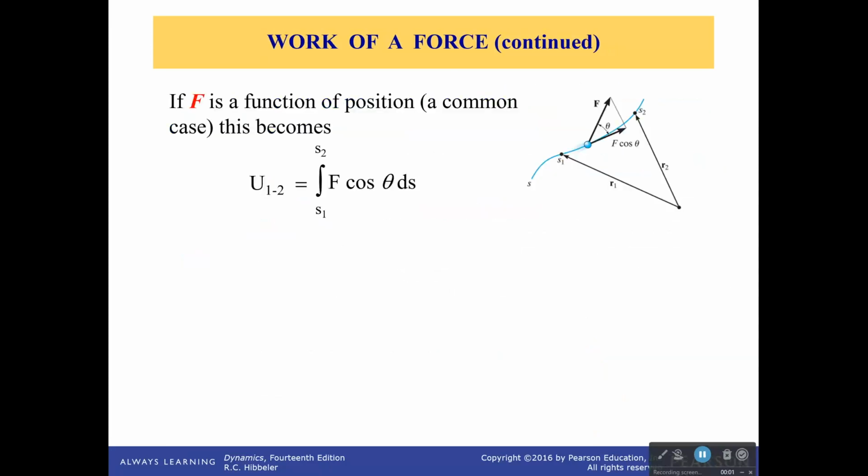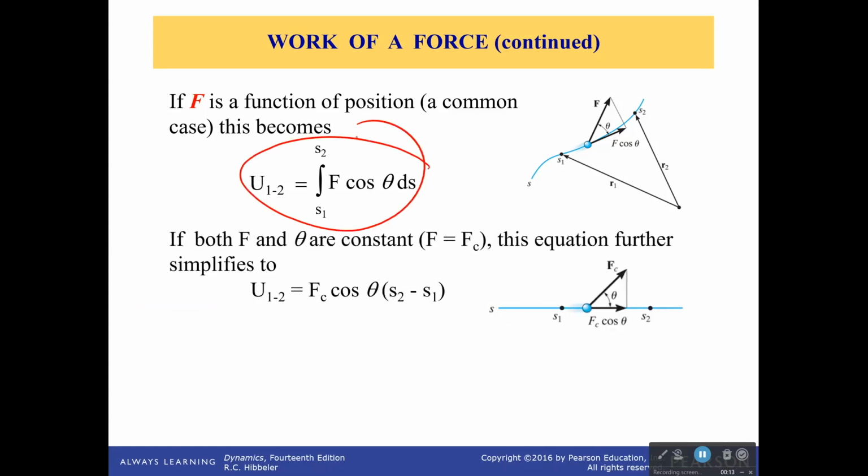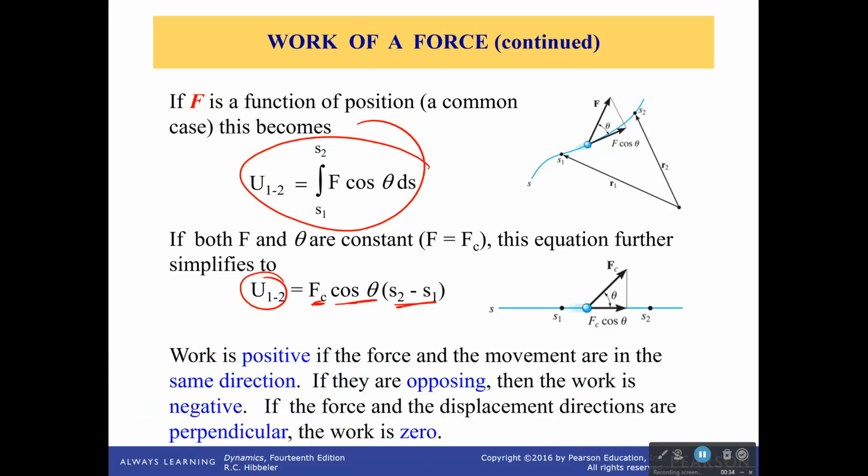Now, one common case we'll run into is that force will be a function of position. If that's the case, we can get something like the following. If both the force and the angle are constant, then this equation further simplifies: my work is equal to my force times the cosine of the angle between the force and my displacement, times my displacement.